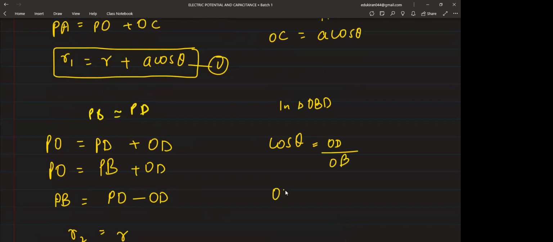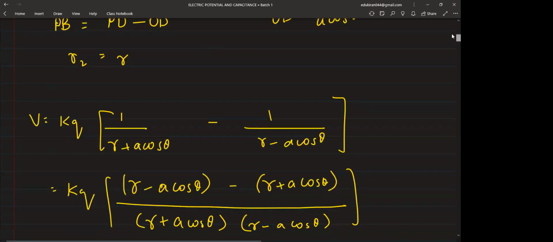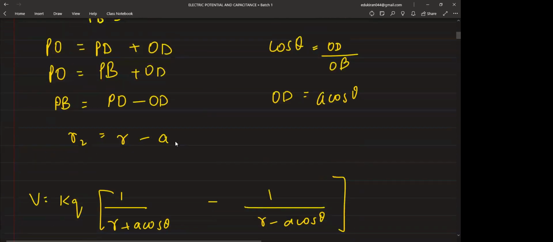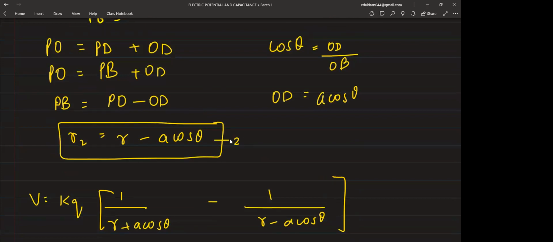So what is our OD equal to? OD is equal to OB into cos theta. OB is A, so OD is A cos theta. So if we replace this, it becomes minus A cos theta. This is the second equation which we have received.